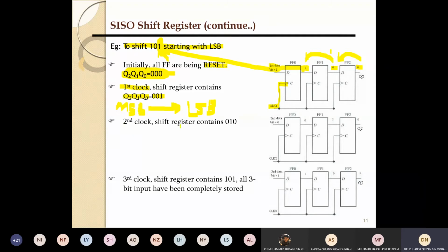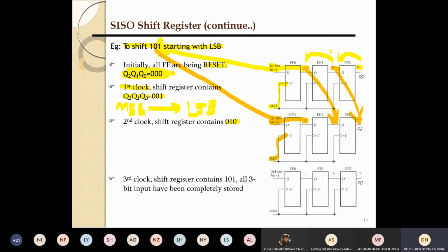Second clock, the shift register contains 0, 1, 0. So bit 0, the second data, is here. For the second clock, this bit 0 becomes here, and this one will shift here, and then this 0 will be here.